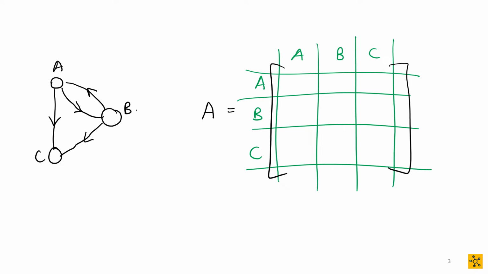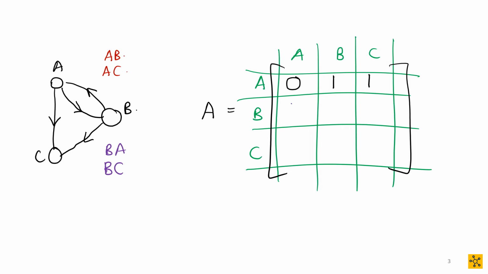So now we look at it and start with A. We have an AB edge, we have an AC edge. So we have 0, 1, 1. Then let's look at B. If we look at B, we have a BA edge and we have a BC edge.